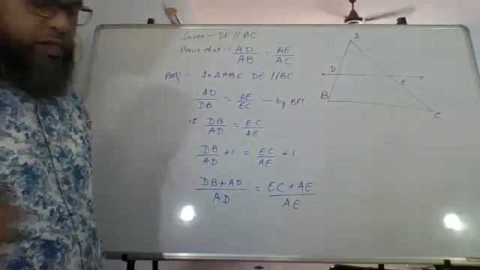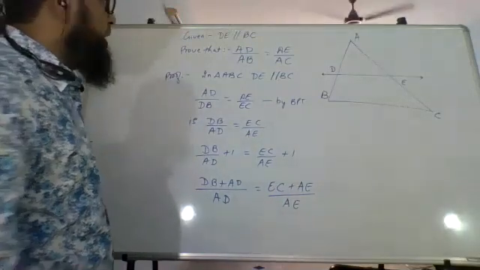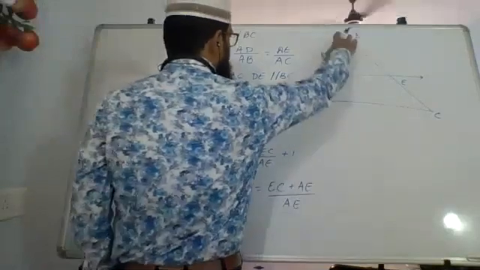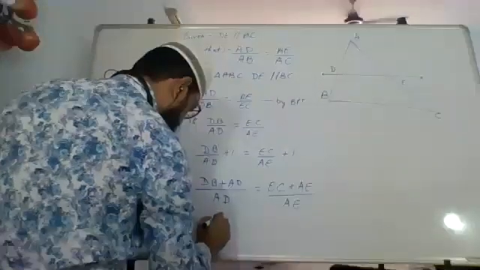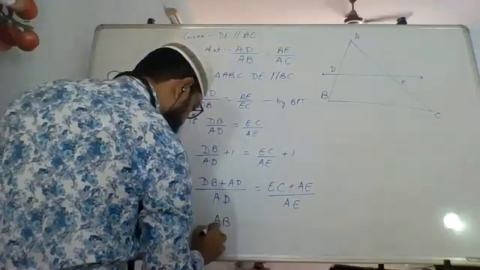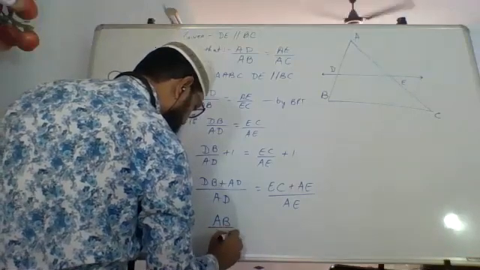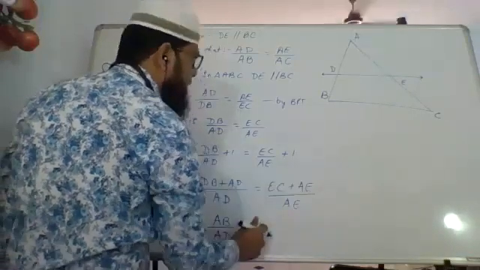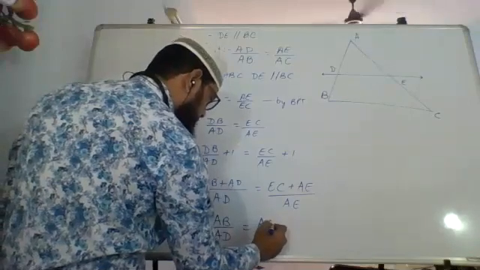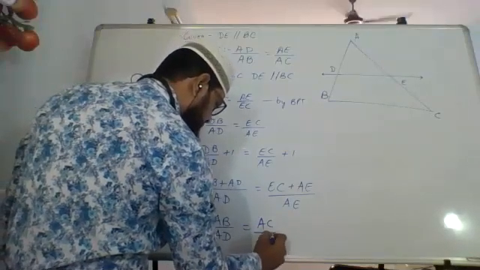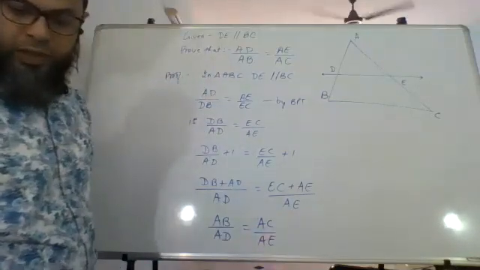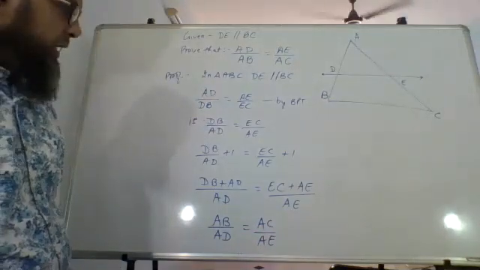Okay. Now what is DB plus AD? DB plus AD is the full side, that is AB upon AD. And EC plus AE is nothing but AC upon AE.